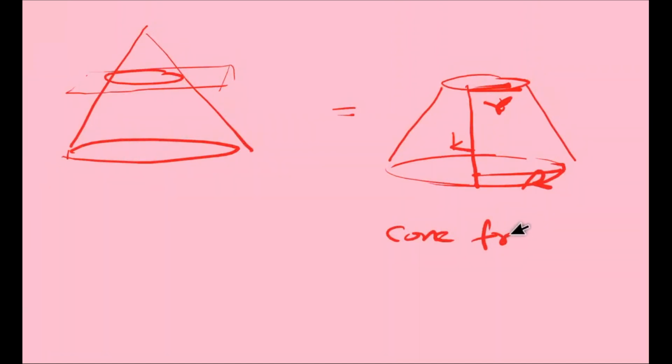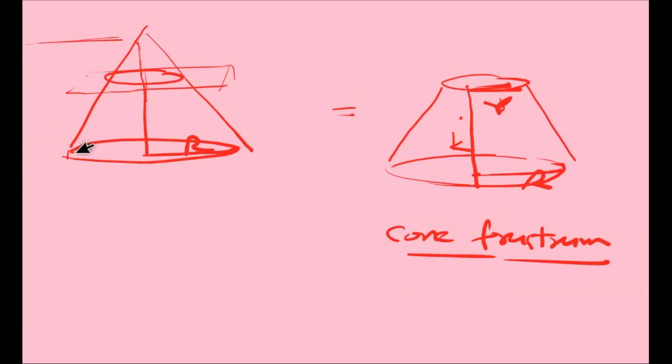Cone frustum. Right? So you want to find the volume of this cone frustum. Then from this volume you have to subtract this volume. Okay, let here is a perpendicular height. Let this total be h, and let this be k. So this is h minus k.